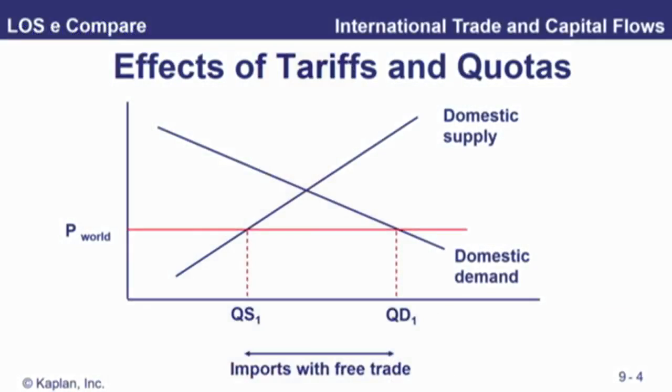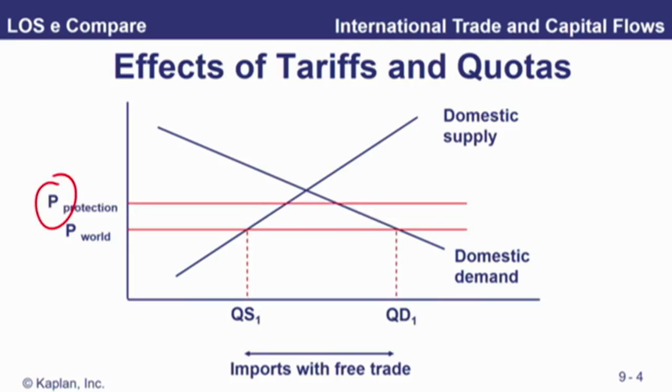But what if we put in place restrictions? The easiest one, I think, to picture is a tariff. So let's say we put a tariff in place. What's that going to do to the world price? Obviously, we assume it's going to increase. We just take the world price and we add the tariff. So you can see the price with protection is now higher.